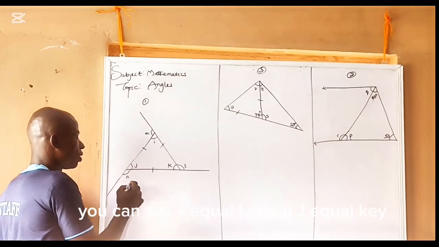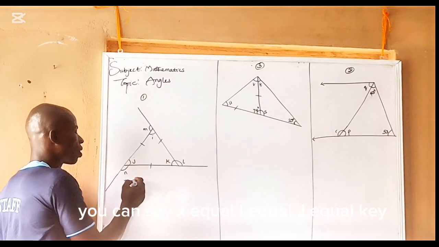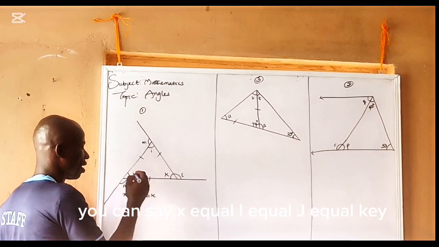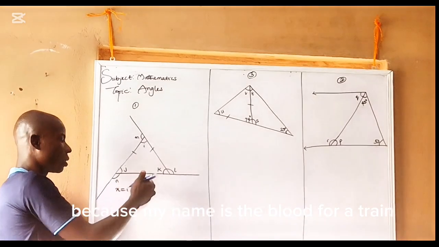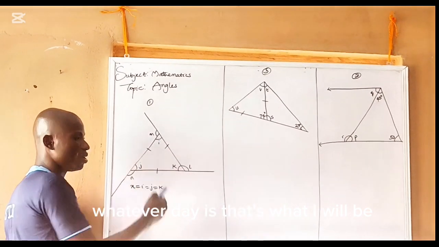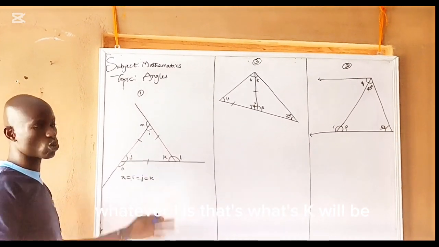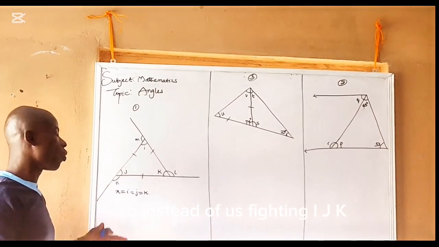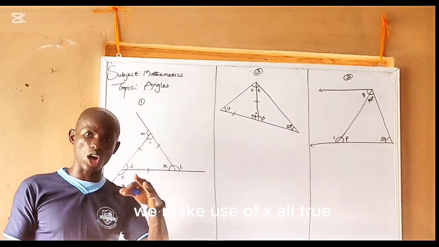You can say X equals I equals J equals K, because we are dealing with an equilateral triangle. Whatever J is, that's what I will be. Whatever I is, that's what K will be. So instead of writing IJK, we make use of X all through.